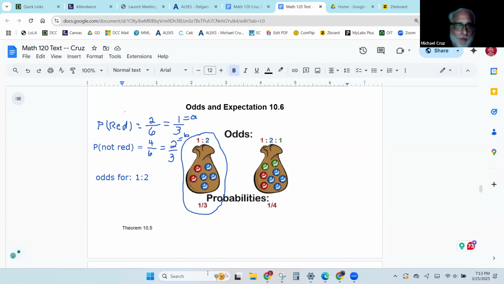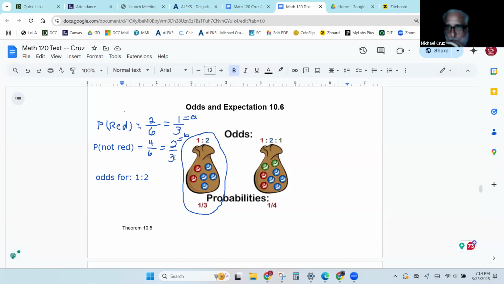So for every 3 marbles, 1 is red, 2 are blue. That's how odds work. They're derived from the numerators of the probabilities. And just notice that it's no mistake that the 1 and 2 then add back up to 3.